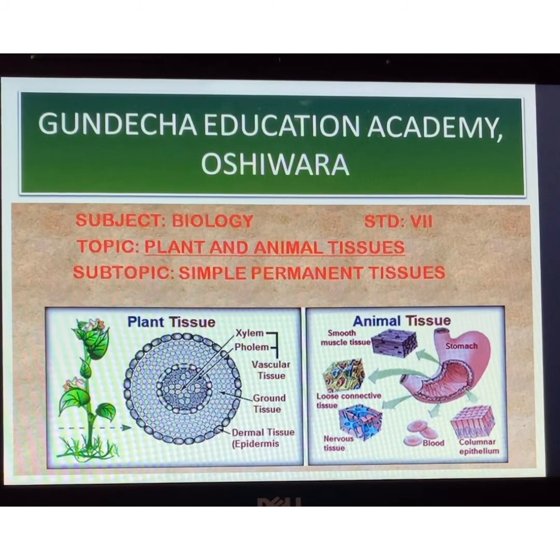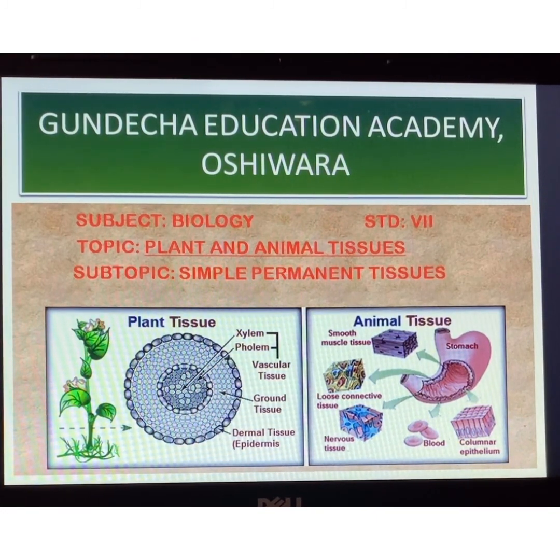Okay, let's continue with our biology topic. We were doing plant and animal tissues. So far, what we have seen: meristematic tissues. Then last time we did permanent tissues. In that, we saw that permanent tissues are of two types: simple permanent tissues and complex permanent tissues.